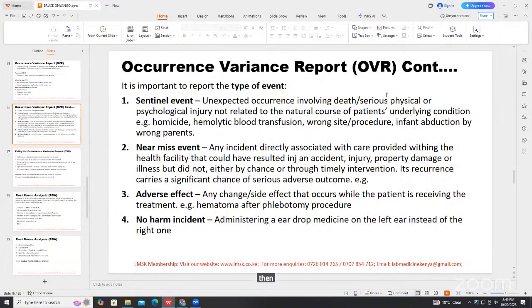Then you also indicate an action that was taken when you got the report or when the incident occurred. That is the action that was taken. And also the corrective action taken after the report.